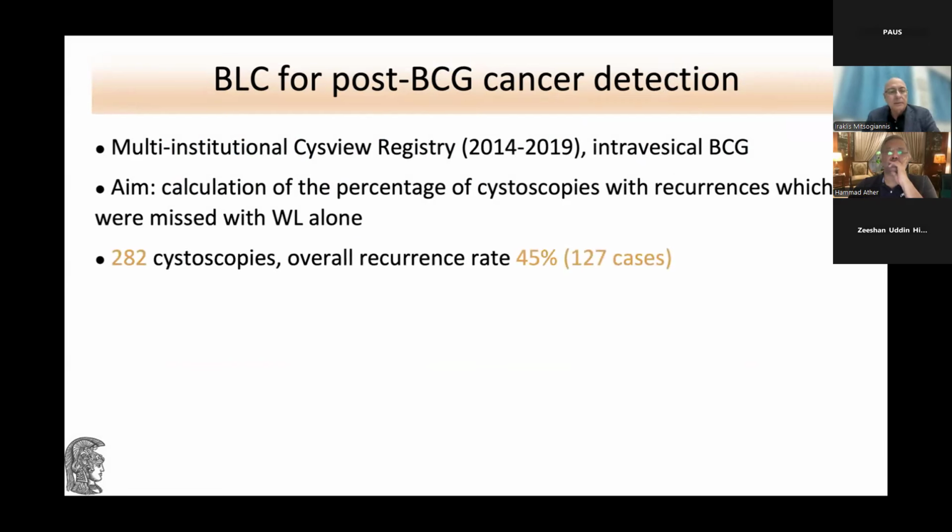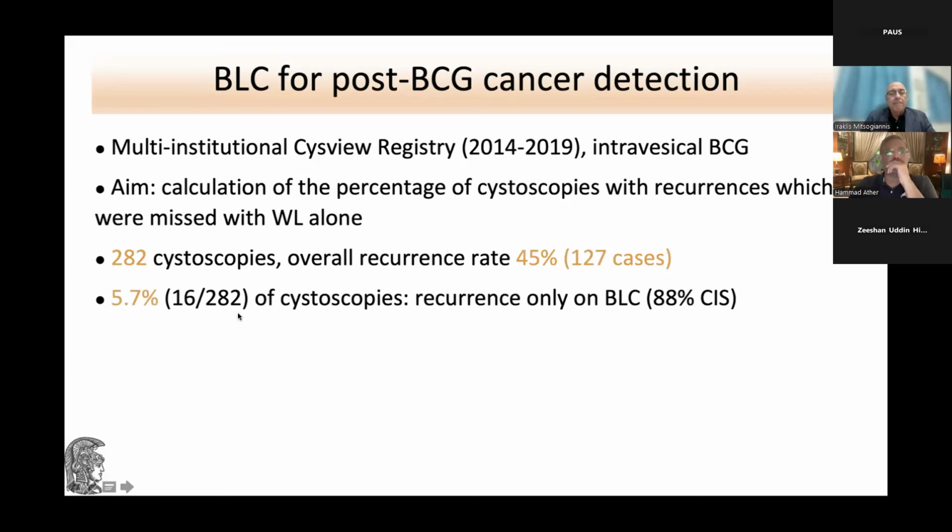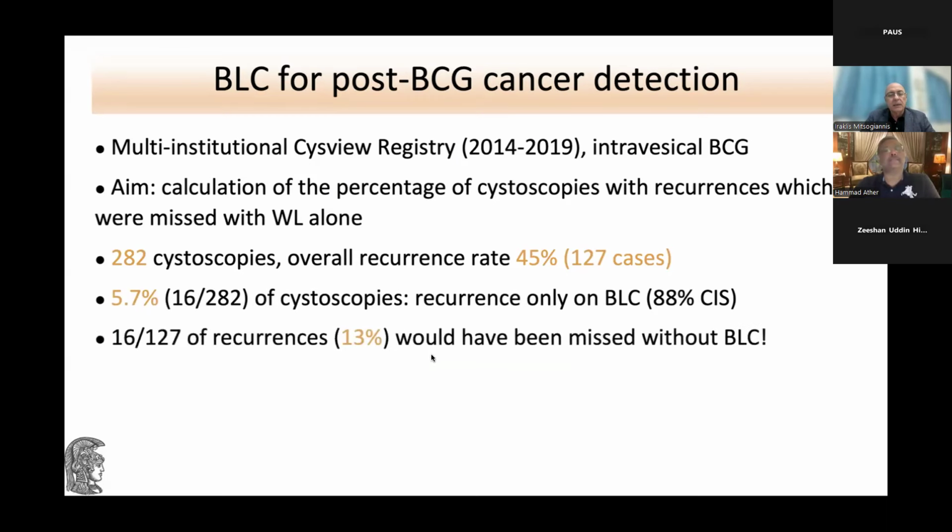So there were 282 cystoscopies with an overall recurrence rate of about 45%, which was substantial. In 6% of these cystoscopies, recurrence was detected only on blue light cystoscopy. 88% were CIS cases. So overall, 13% of recurrences would have been missed without using the blue light technique.